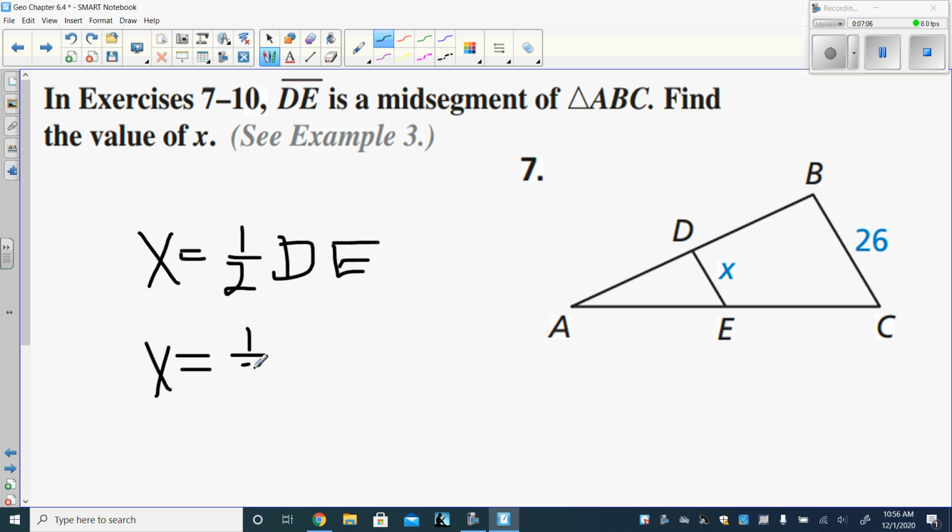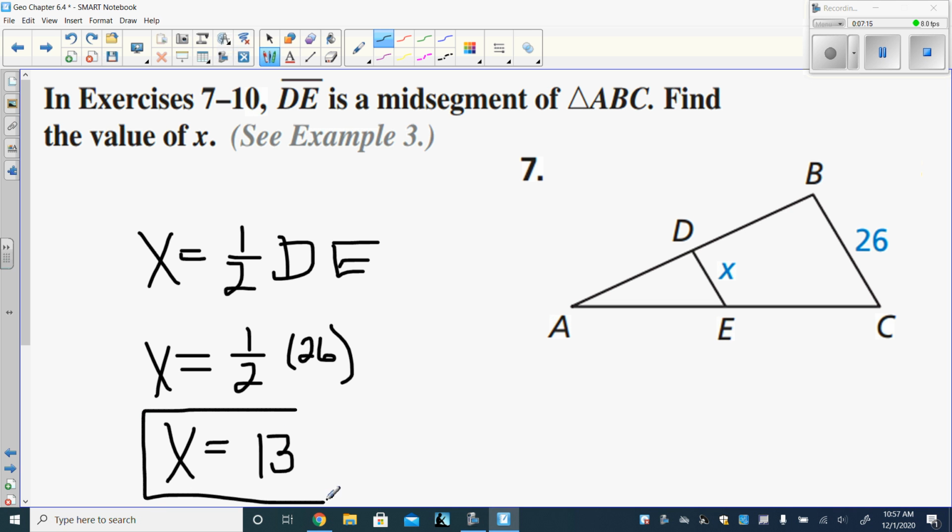DE is told to us to be 26. So half of 26 is going to be 13. And that's all we have to do for this. So to find x, it's half of the bigger length, so it'd be 13.